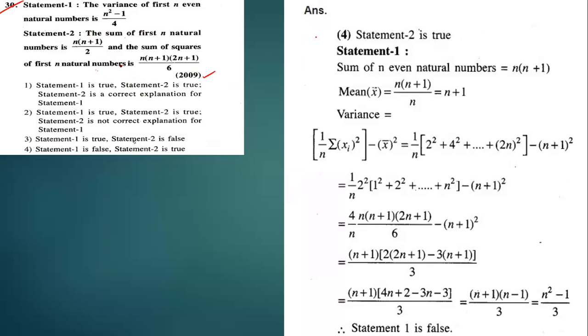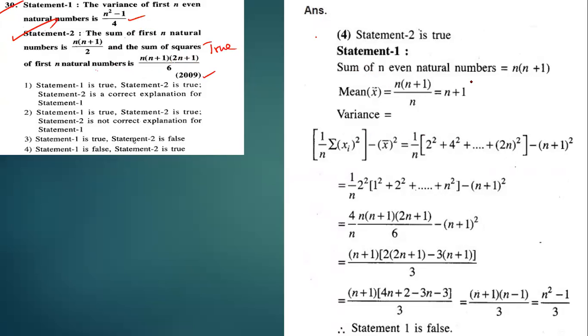Statement 1: the variance of the first n even natural numbers is (n square minus 1) by 4. Statement 2: the sum of the first n natural numbers is n into (n plus 1) by 2, and the sum of the squares of the first n natural numbers is n(n plus 1)(2n plus 1) by 6. All of you, statement 2 is true. Accepting? So statement 1, whether it is true or false, we can verify.